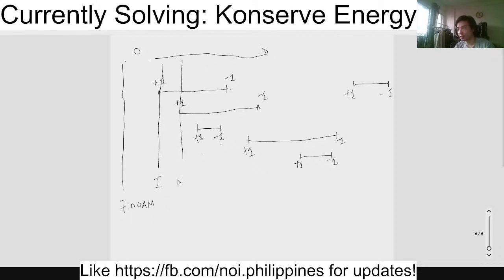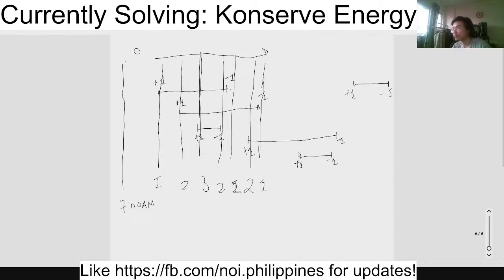There's 2 people here, 3 people here, 2, 1, 2, 1, 2, 1, 0.